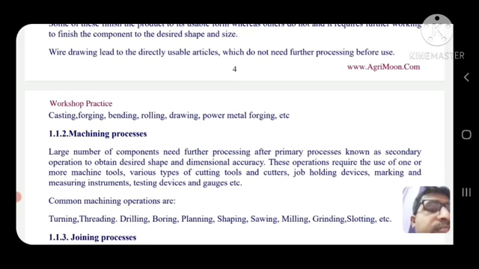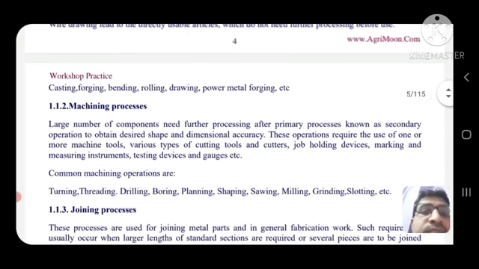These operations require the use of one or more machine tools, various types of cutting tools and cutters, job holding devices, marking and measuring instruments, testing devices and gauges, etc.